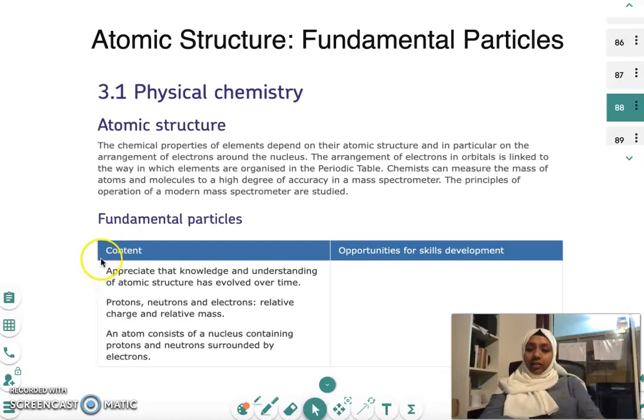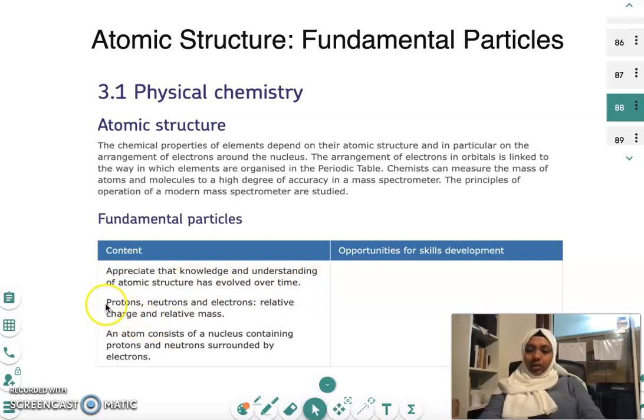I like to use specifications as a student, and when I'm tutoring, I like to use them as learning objectives. Typically in a lesson, I would ask my students to write them down along with the title and the date, and I would read through them. The first one is appreciate that knowledge and understanding of atomic structure has evolved over time.